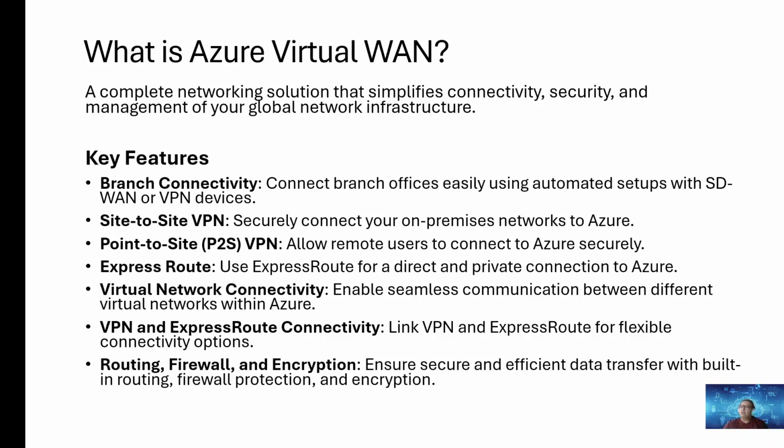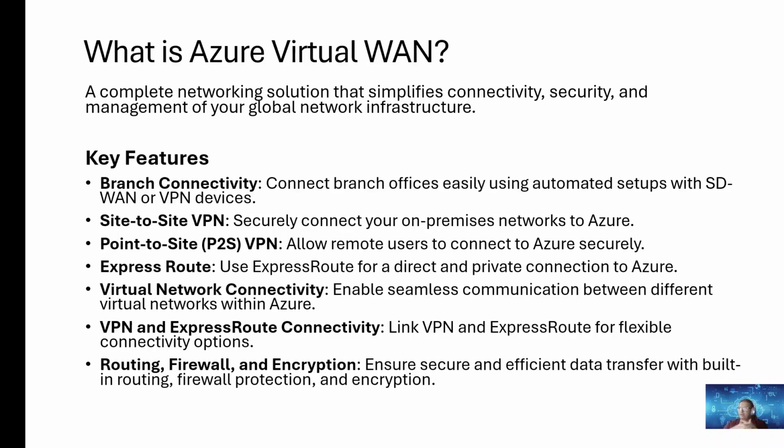Azure has partnerships with certain networking device providers like Cisco, Fortinet, VMware, etc. These providers make SD-WAN and VPN devices, and those devices work smoothly with Azure Virtual WAN. This automation on those devices reduces the setup complexity and ensures secure, reliable connections to Azure from multiple office locations. So that is one of the key features.